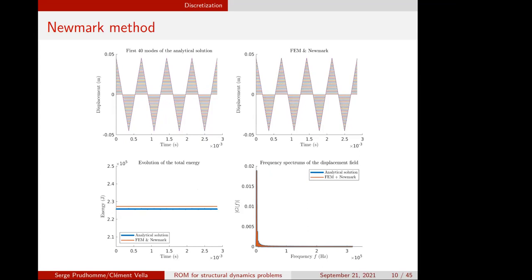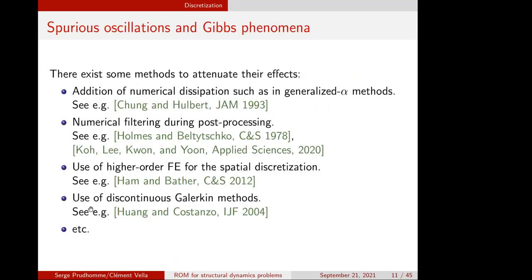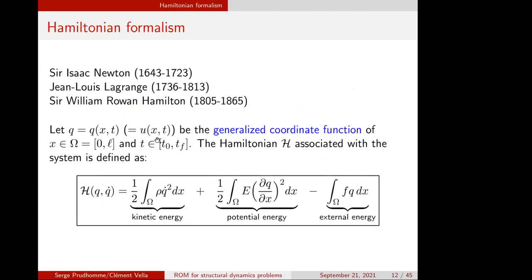So this is what we want essentially, to have some methods that are symplectic, that are going to basically preserve our energy. Concerning the spurious oscillations and Gibbs phenomena, we are not too concerned about this. There are methods that can eliminate a part of those oscillations, and I'm giving you a list here. All right.